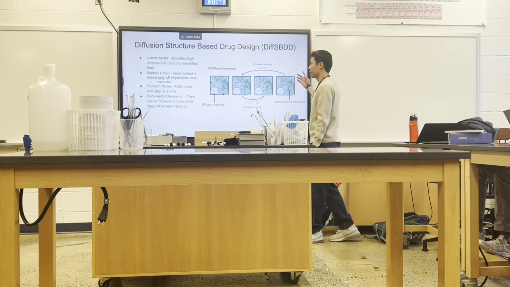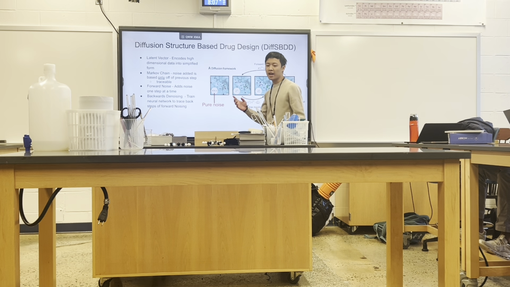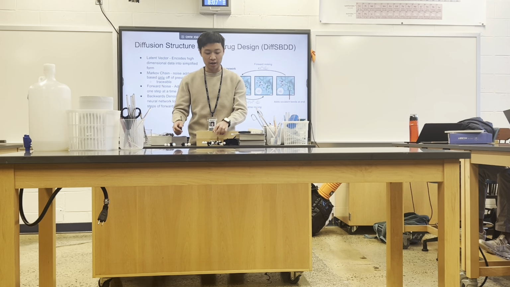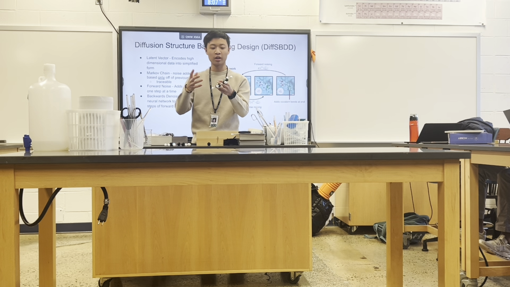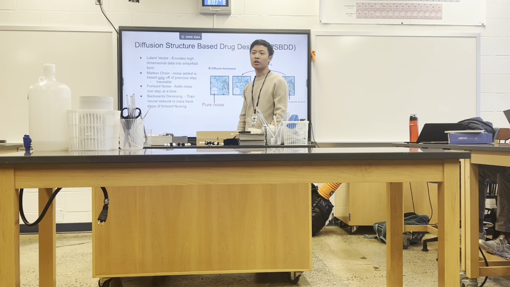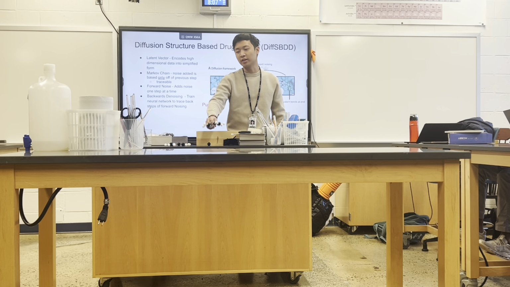So to put this all together on how this works in DiffSBDD, first, we can't actually do this noising and denoising process on atoms and bonds. The computer doesn't really understand that. We have to first convert it to a ligand vector, which is converting this molecule into a 1D list of numbers.